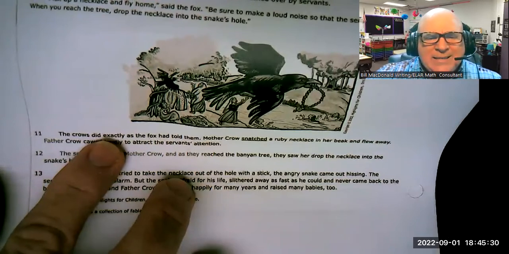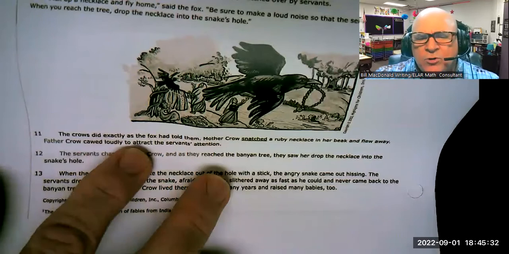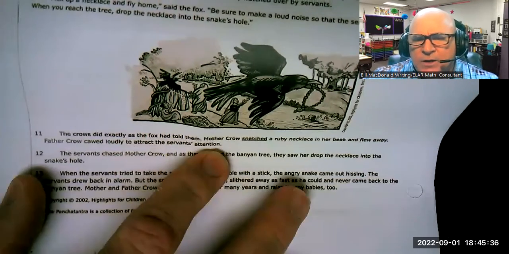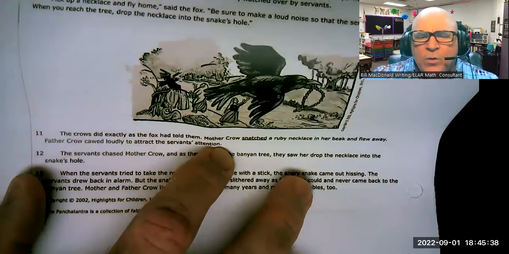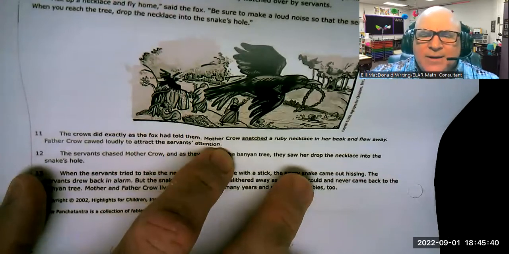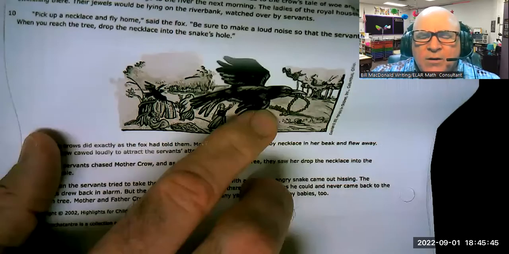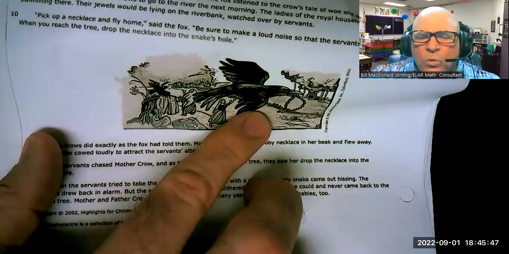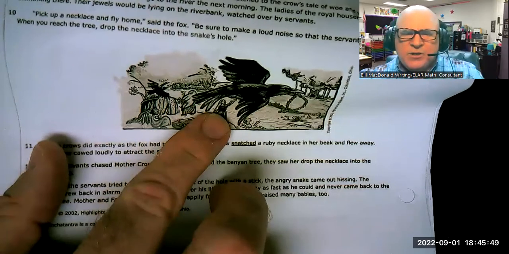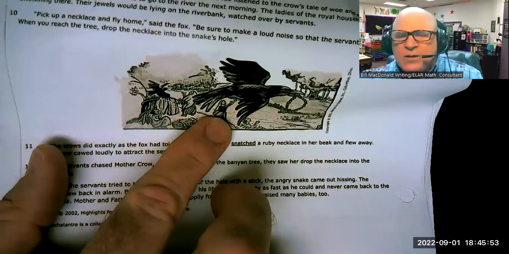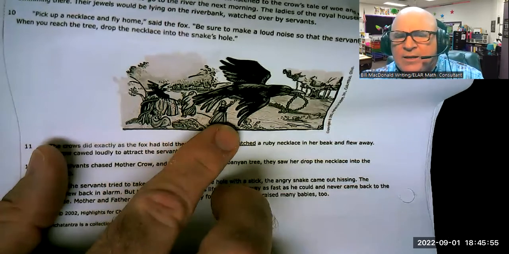The crow did exactly as the fox told him. Mother Crow snatched, verb, a ruby necklace in her beak and flew away. Well, the author decided to say, let me show you a picture of what one part of the comic strip would look like. This is the in her beak part and flying away.